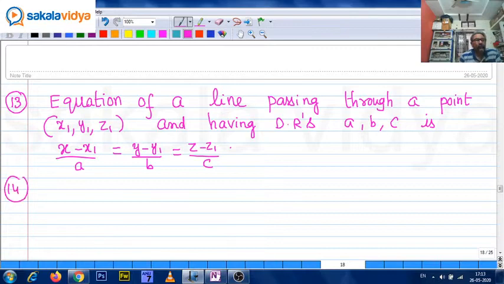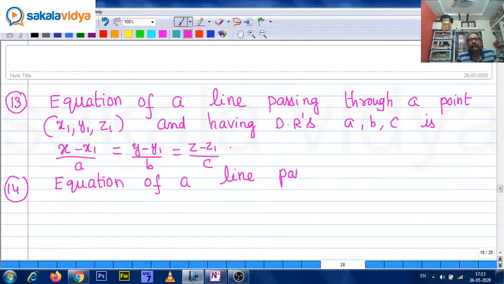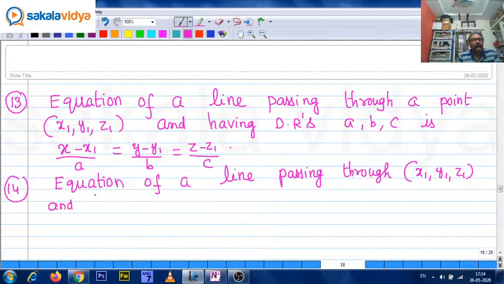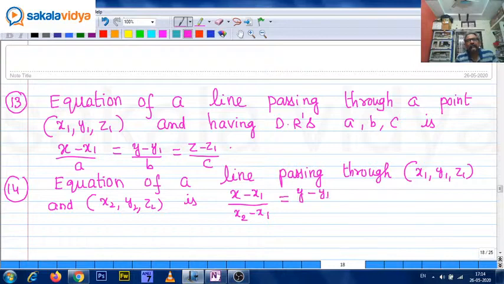So next, 14th formula. How to find the equation of a line passing through two points in space? The equation of a line passing through x1, y1, z1 and x2, y2, z2 is x minus x1 by x2 minus x1, because x2 minus x1 is A, the direction ratio, equals y minus y1 by y2 minus y1 equals z minus z1 by z2 minus z1.